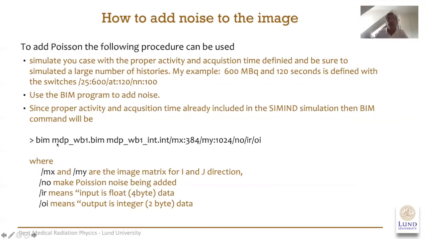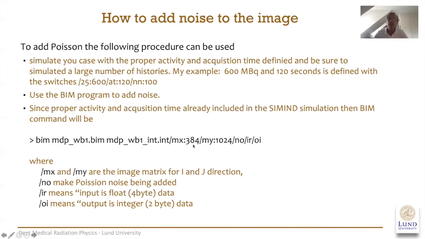You give your simulation here, which I call VB1, which is your simulated Zubal phantom. You give an output name, and in this particular case, I want to scale it to an integer image. You have to give the matrix size for the X and Y dimension.